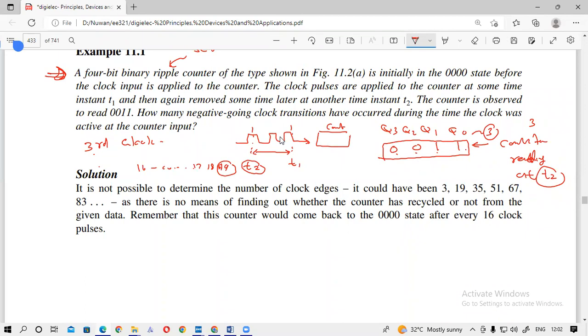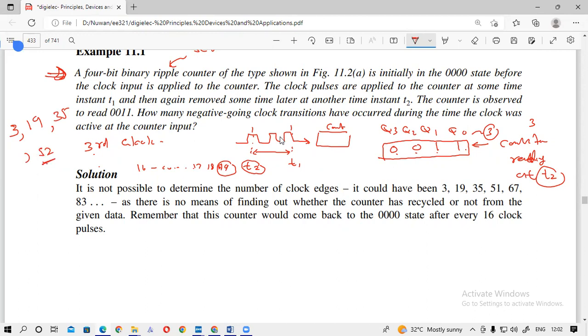So this can happen first at the third clock cycle, then it can happen at the 19th clock cycle. Again it can happen after another 16, that means at the 35th clock cycle, and again after another 16, that means at the 52nd clock cycle. So I think you can understand.